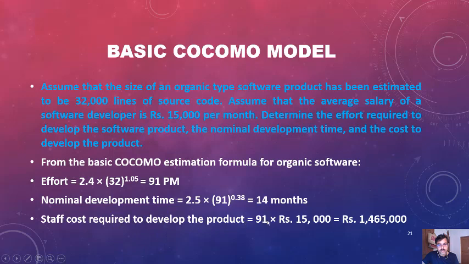We can also calculate the average staff size. Average staff size is equal to capital E, that is effort, divided by time of development. If we divide the effort by the development time, it gives us the average staff size.